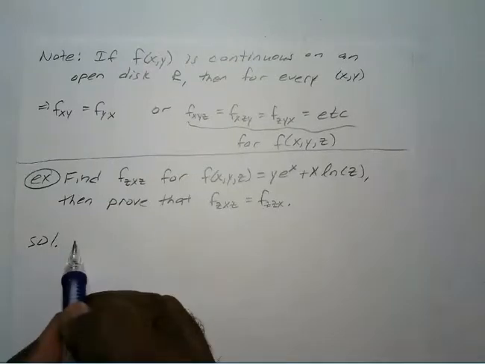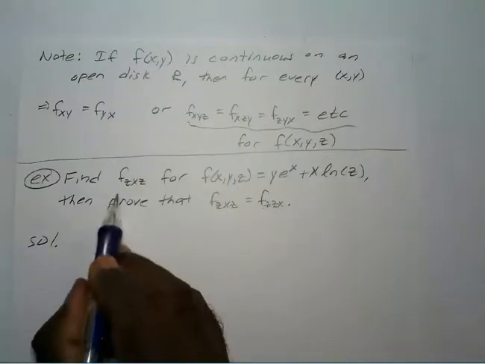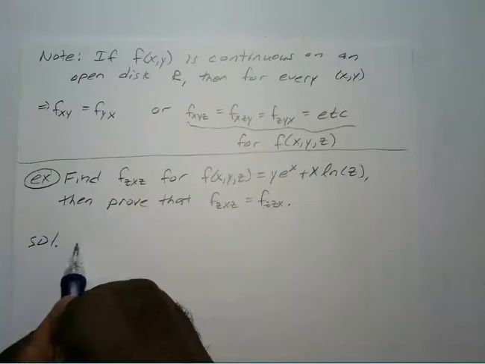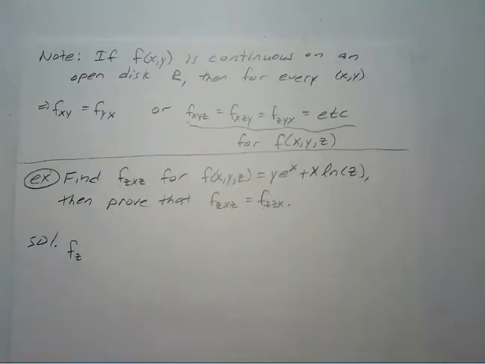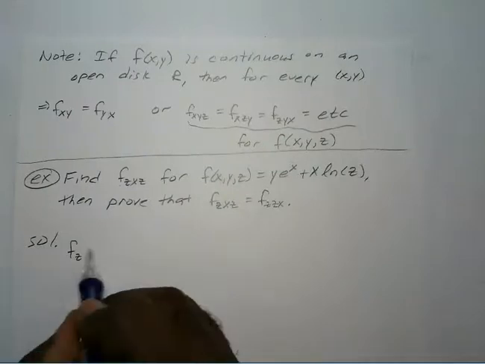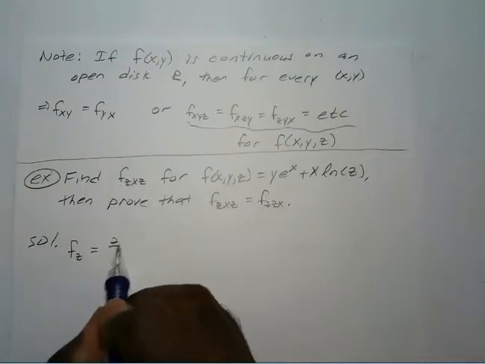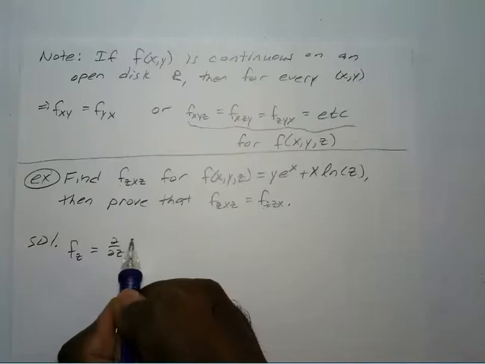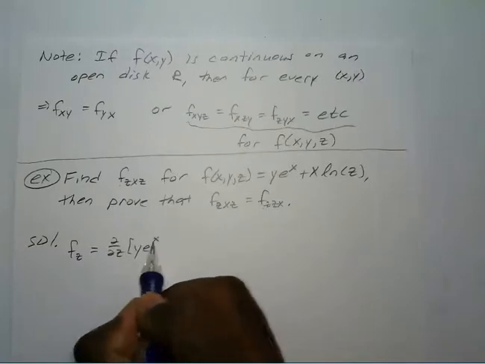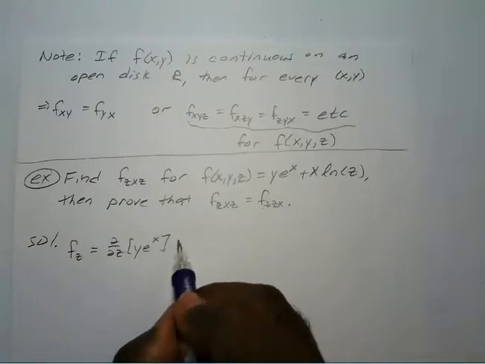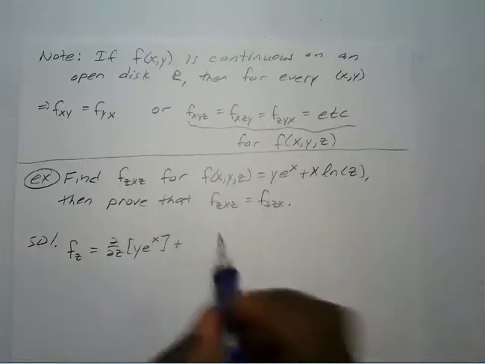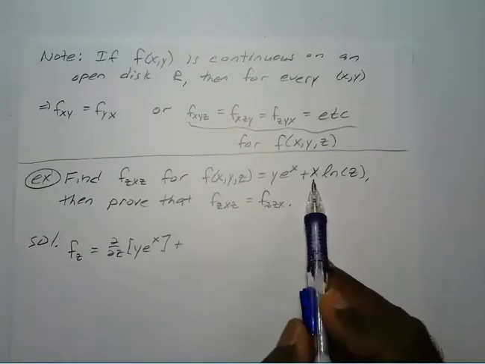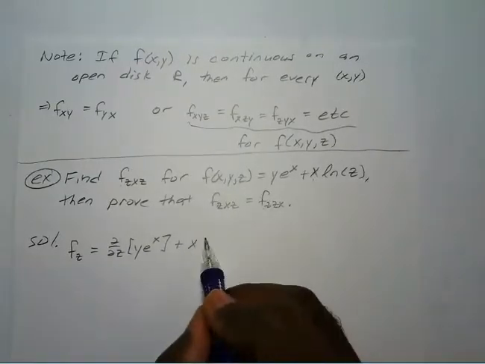So we find our first derivative, because remember, we're going with the first one: the partial with respect to z. That's equal to the partial with respect to z of y e to the power of x, plus the partial with respect to z of x times natural log of z. That x is a constant, so we can pull that out to the front.